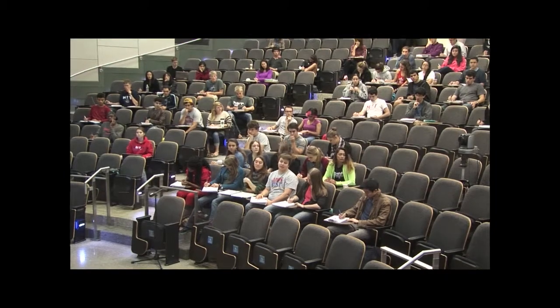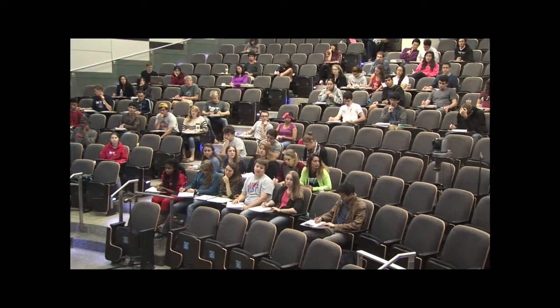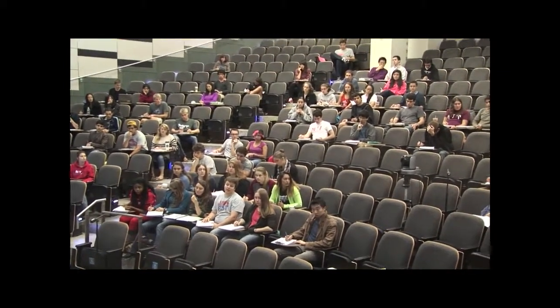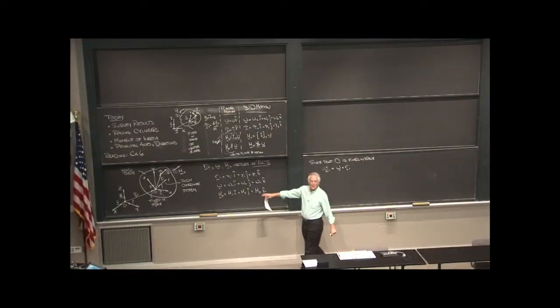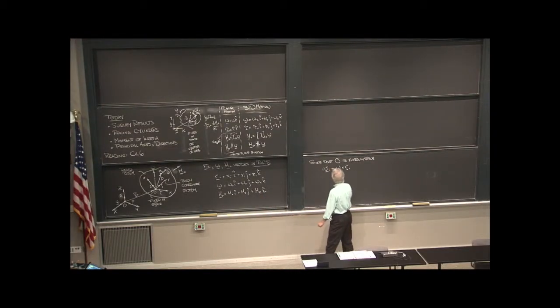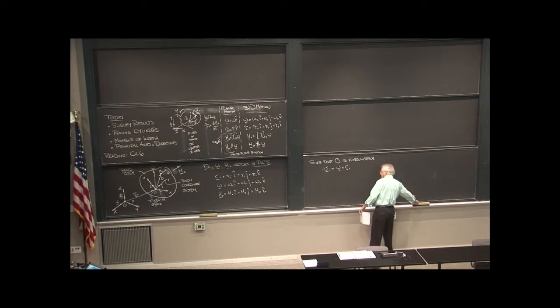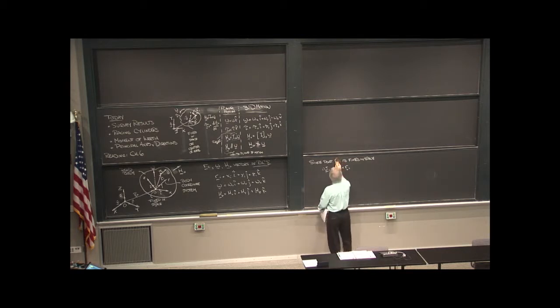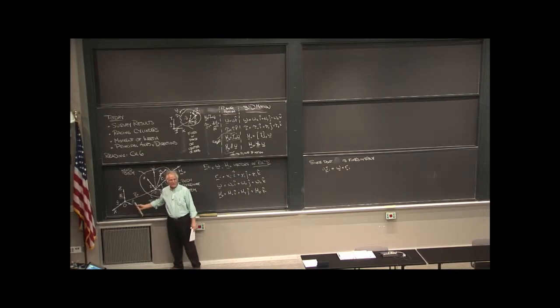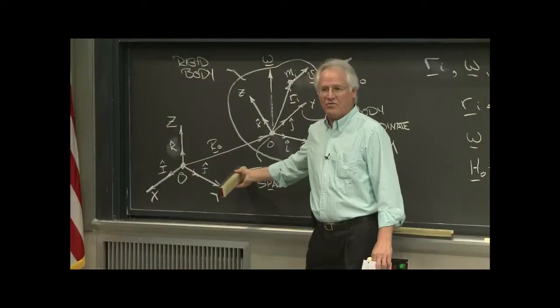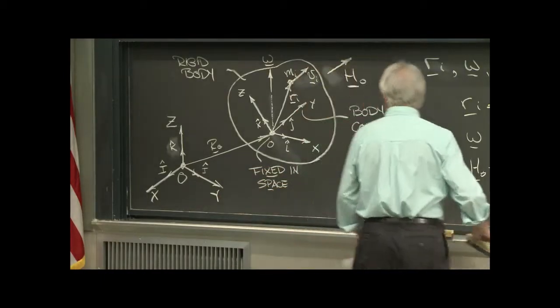Both your inertial frame and your body frame have both, oh, I'm sorry. This is supposed to be little o. Thank you. Okay. First off, just to be clear, this is supposed to be capital O. This is supposed to be lowercase o, to jive with the book.